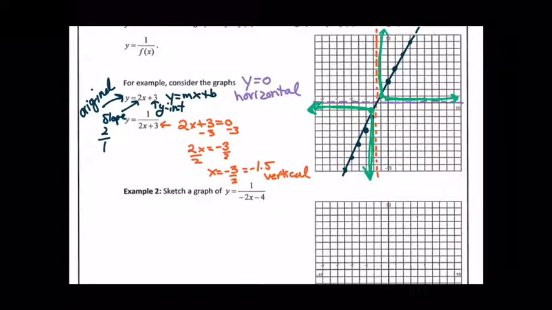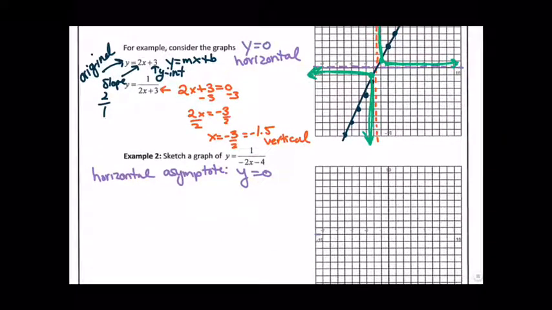So let's try the next example. So again, we're going to have the horizontal asymptote at our y equals 0. Draw that dotted line.